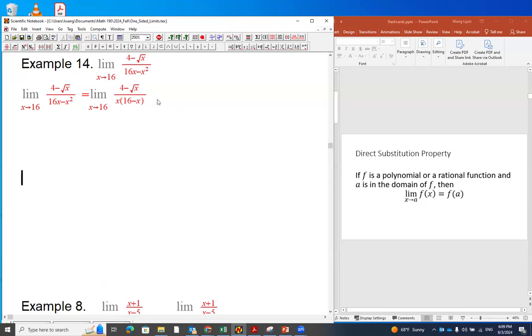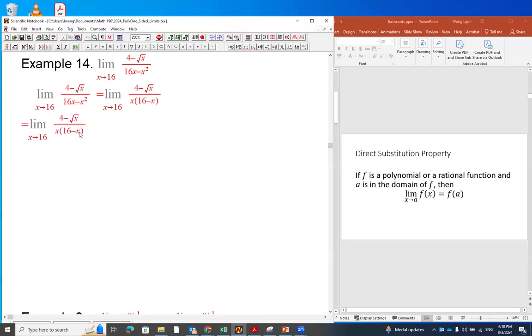So we have to do something algebraically. Since x is approaching 16, we can assume x is positive. If x is positive, what we can do is that this x can be written as root x squared.